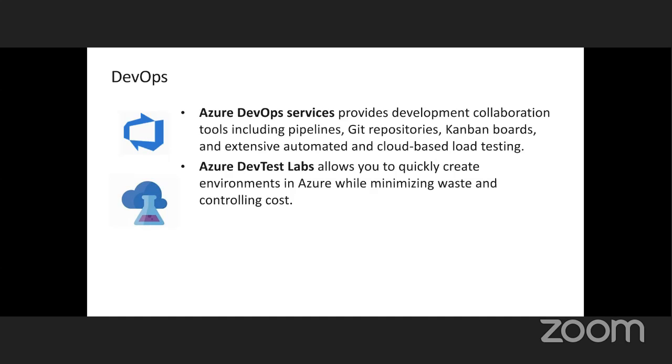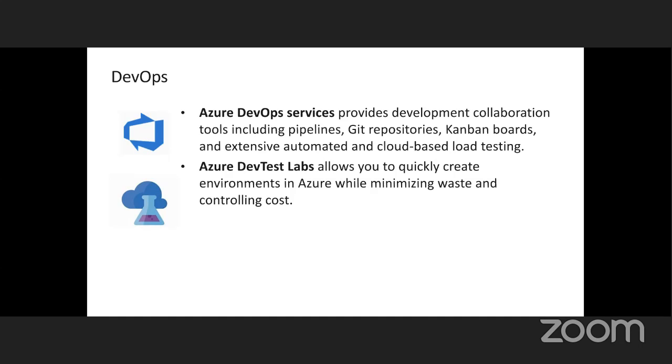Now, this is a collaboration thing. I don't know if you guys have heard about GitHub and services like that. That's a collaboration tool where people can work together. They can have a pipeline where you get the code from GitHub, and then you build the code, and then you deploy the code. So you can create pipelines like that.